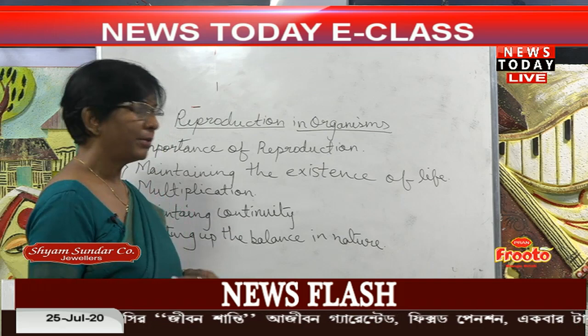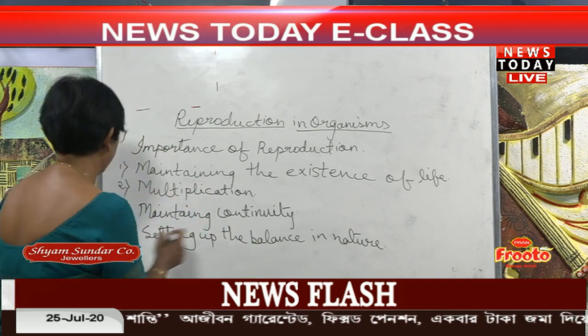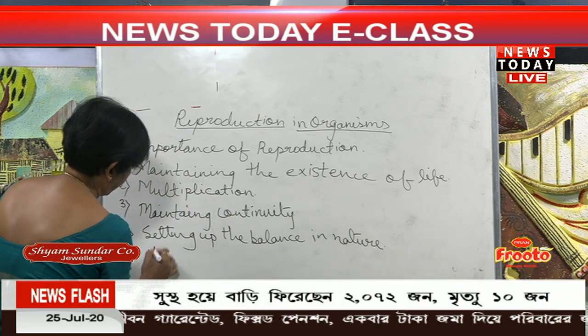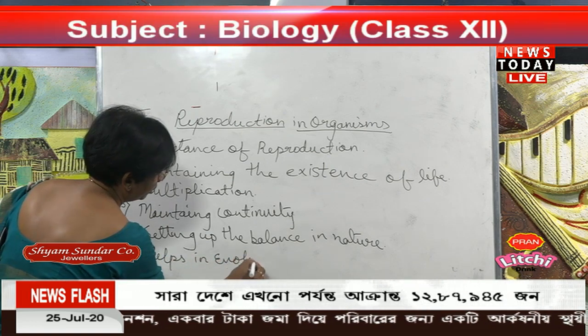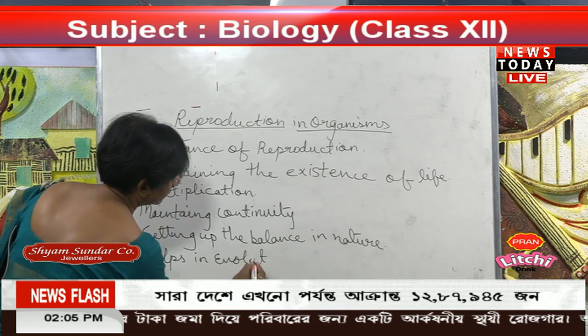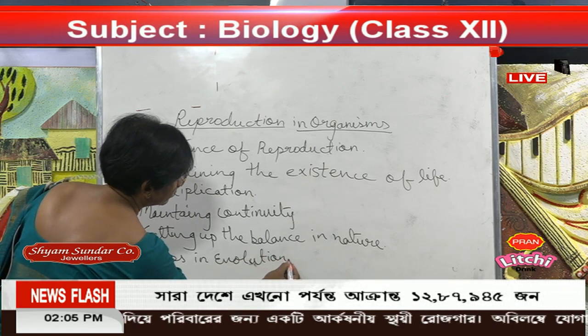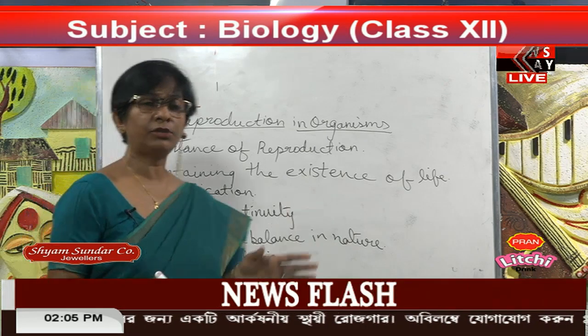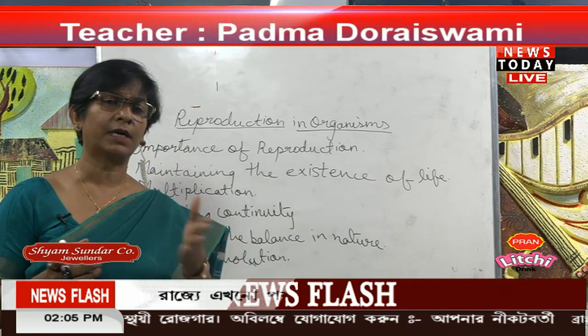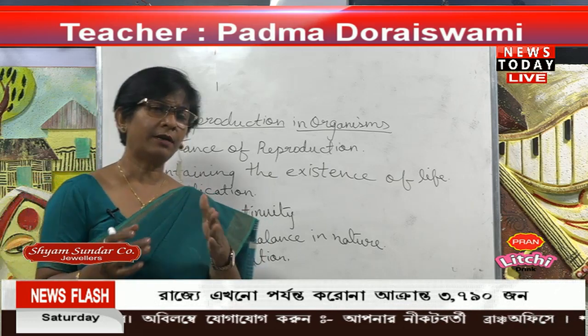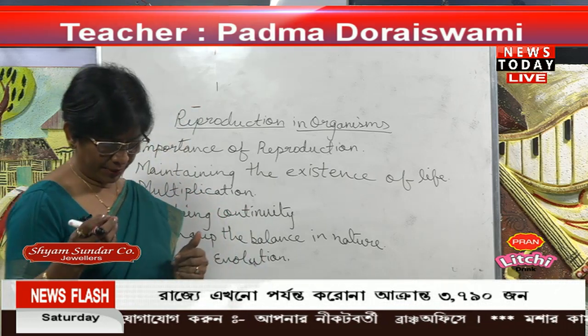Now fifth one is helps in evolution. Evolution means from the old comes the new, from the simple comes the complex one. So day by day we are developing ourselves.